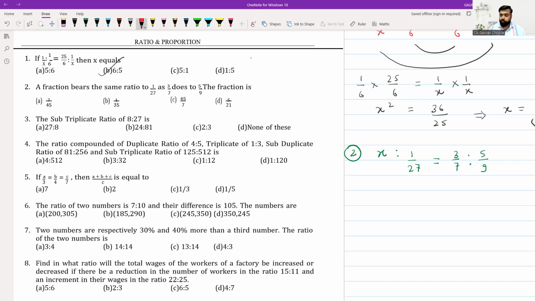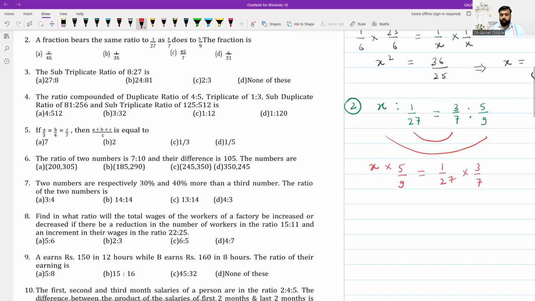Now apply the same formula, product of means equal to product of extremes. So x multiplied by 5/9 is equal to 1/27 multiplied by 3/7. Let's solve this. x equals 3 multiplied by 9 upon 5 into 27 multiplied by 7.